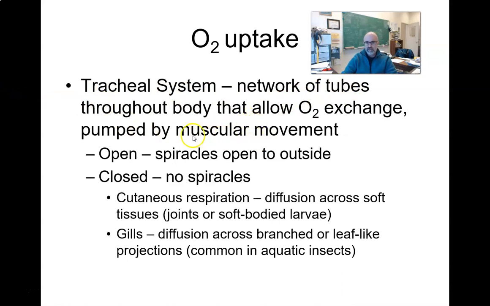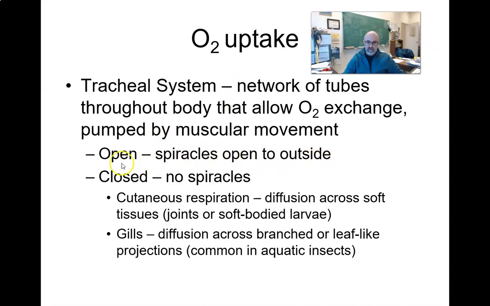There is some muscular pumping, but there's a network of these tubes that exit to the outside all along the body. So oxygen enters the insect body in multiple spots, not just through the mouth. In fact, it doesn't enter through the mouth.